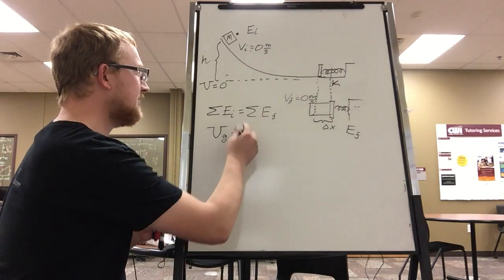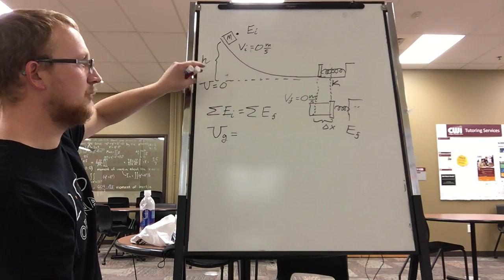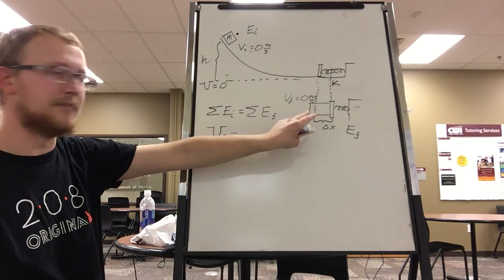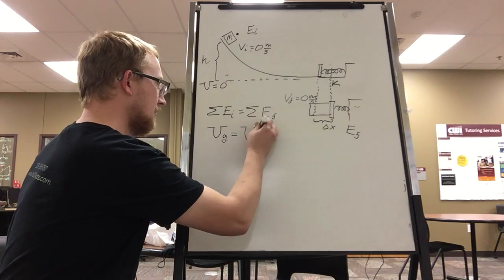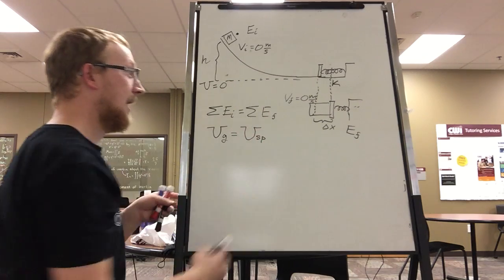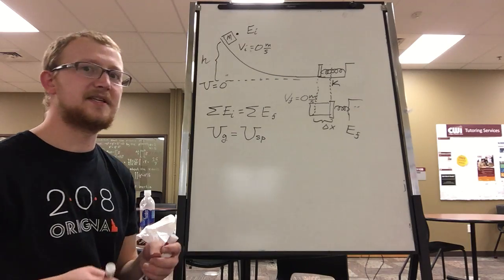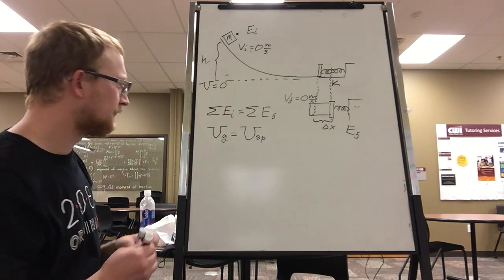But there is some potential energy. Not gravitational, because we're now at the potential equals 0 line. But we talked about this last time: we have some potential energy due to the spring. And that's about it. I can't think of any other energy involved in this system, of course assuming there's no friction, it's a frictionless surface.